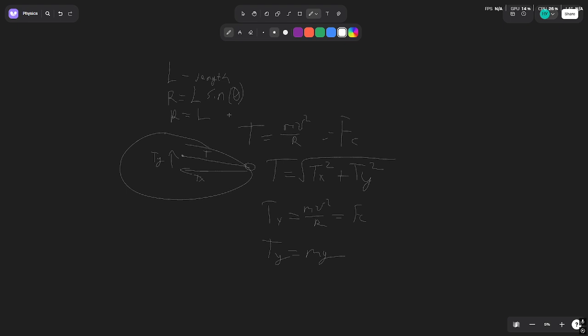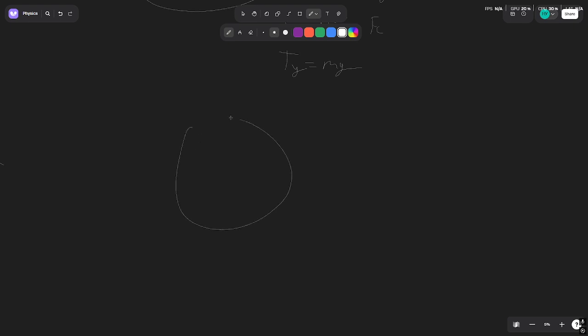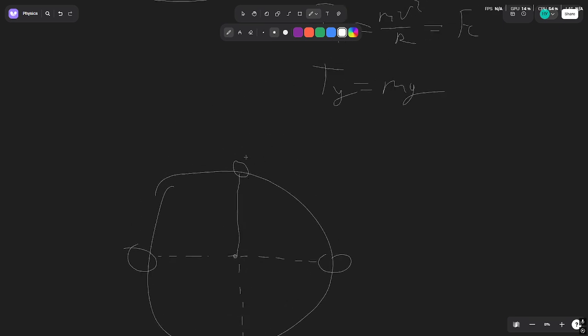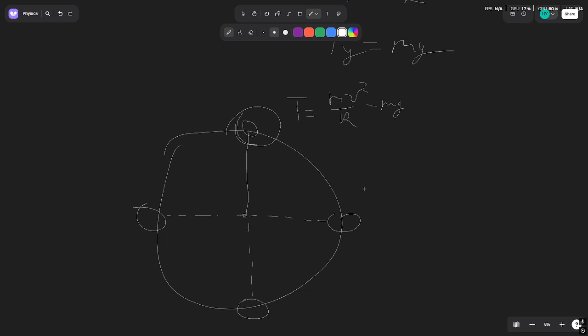What about a vertical circle? We have 4 positions in it, and for each position there's a different formula for tangent. At the very top, tangent equals mv squared divided by radius minus mg, because the ball is going down.